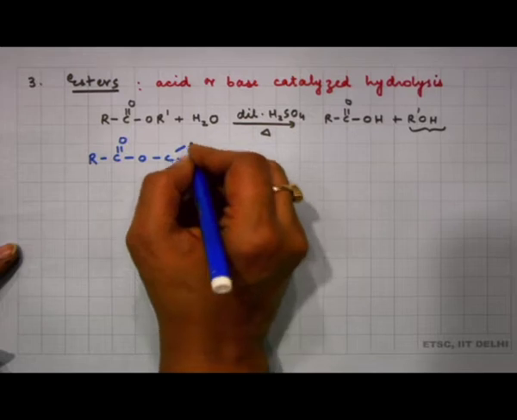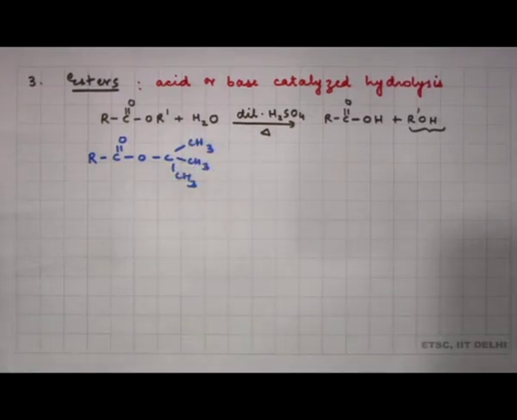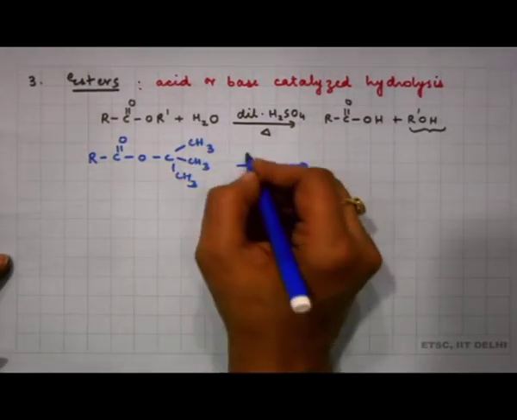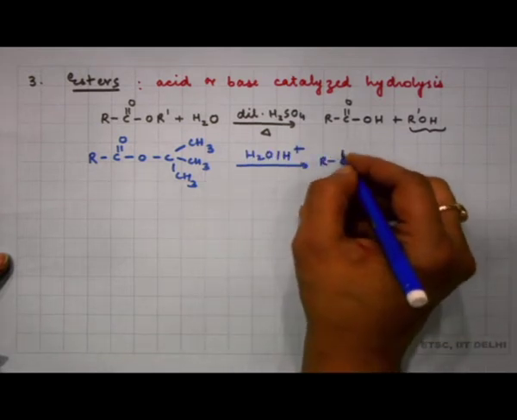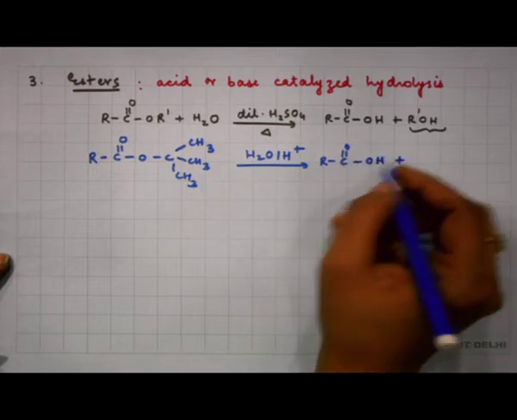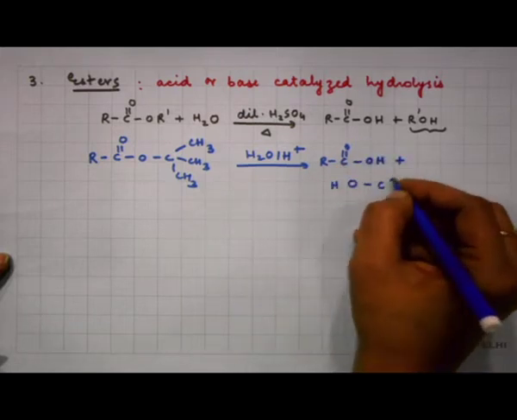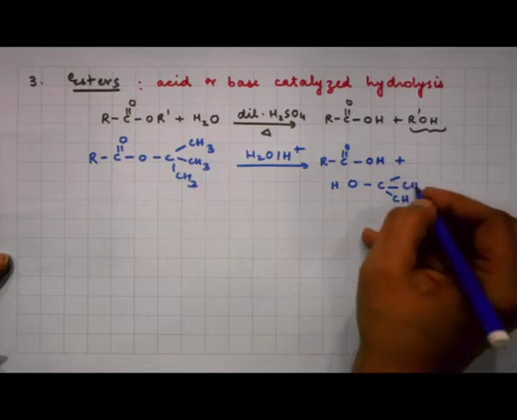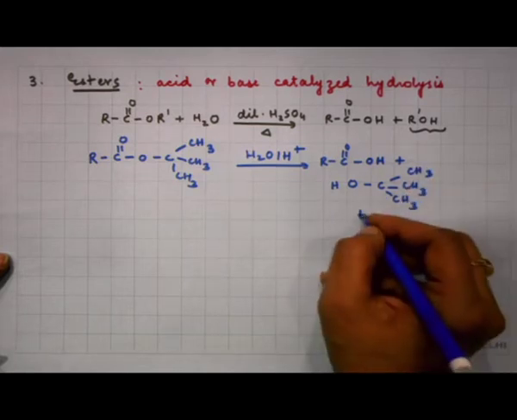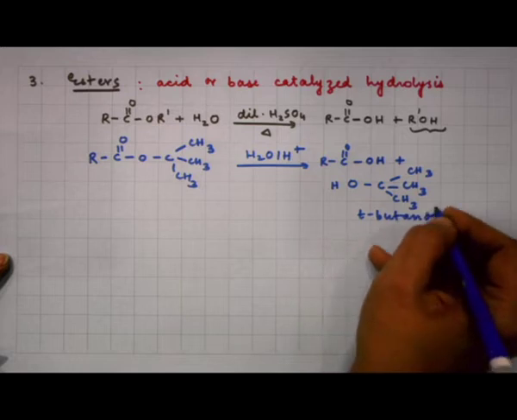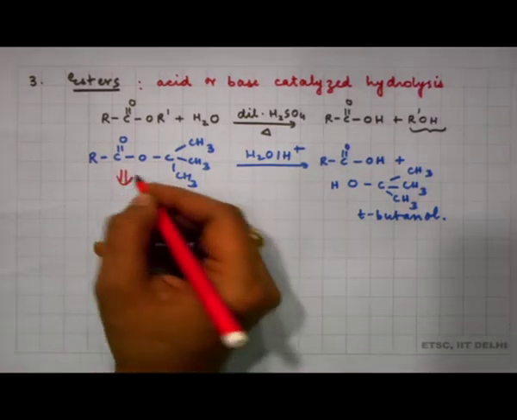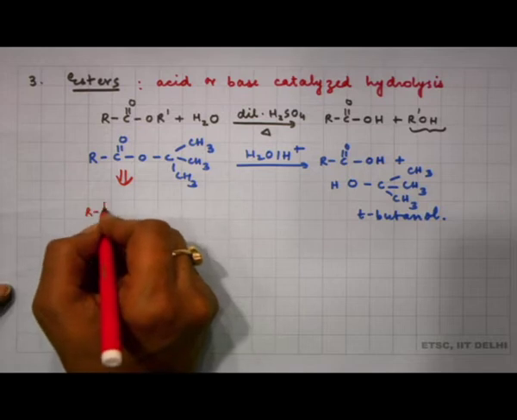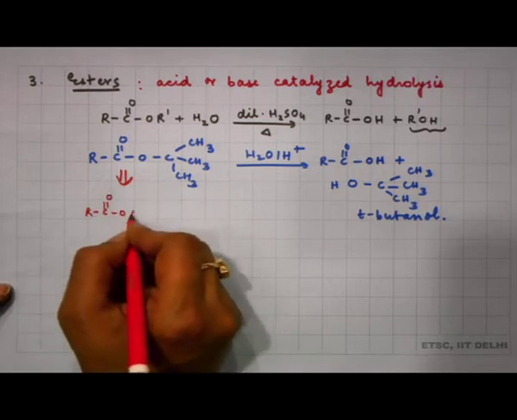Suppose you take this ester in which it is a tertiary alcohol and you carry out the hydrolysis again under acid catalyzed conditions, you end up with the acid and the corresponding tertiary alcohol, which in this case happens to be tertiary butanol, and this particular method is a very effective way of getting tertiary alcohol starting from the ester.